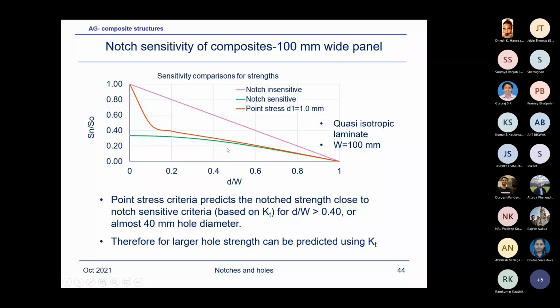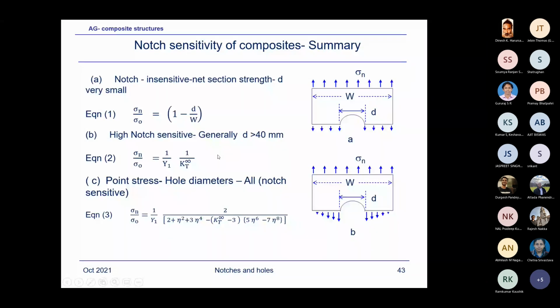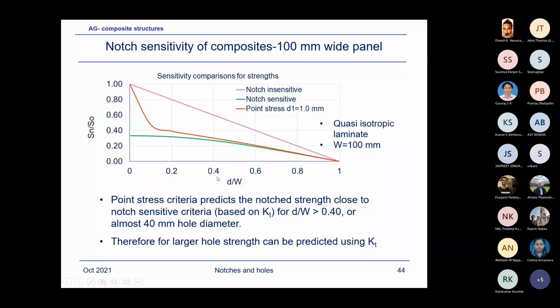This is the Y correction factor. For an infinite plate, of course, KT will be 3 and the Y correction factor will be 1. But here we are considering d by W, where the diameter is increasing in comparison to the width of the panel. So that factor is changing.